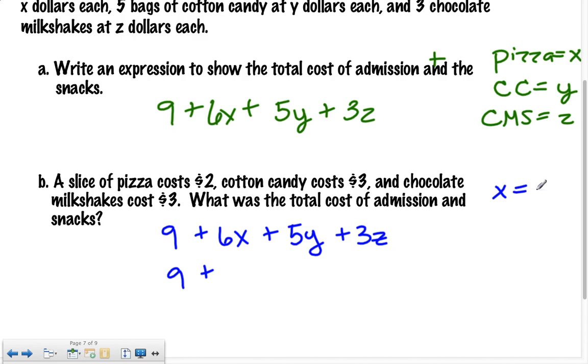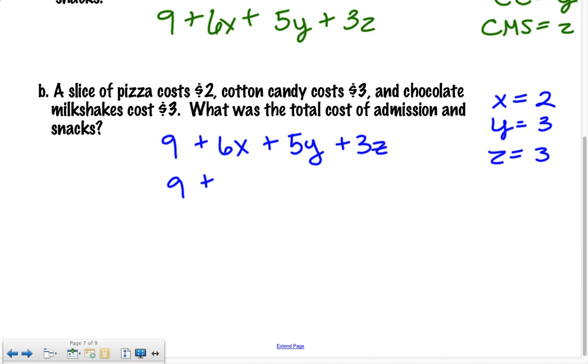So now I'm going to change my key to say how much each thing costs, because that's going to help me plug them in here to solve it. And then cotton candy, instead of Y, cotton candy is now going to be 3. And for milkshakes, Z, milkshakes cost $3. So now I'm going to plug in these numbers for where these variables are in our expression.